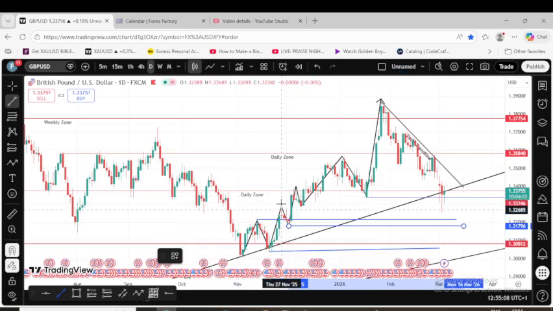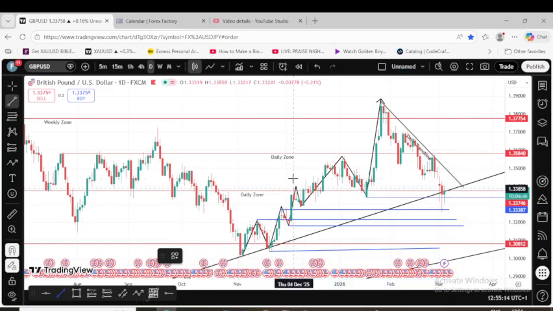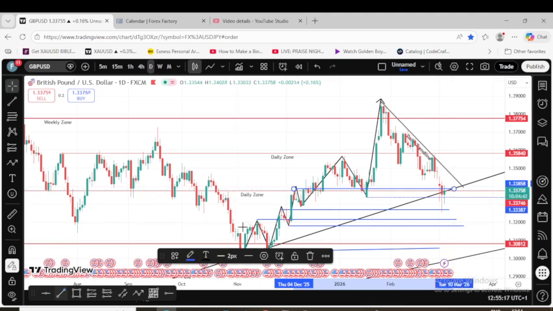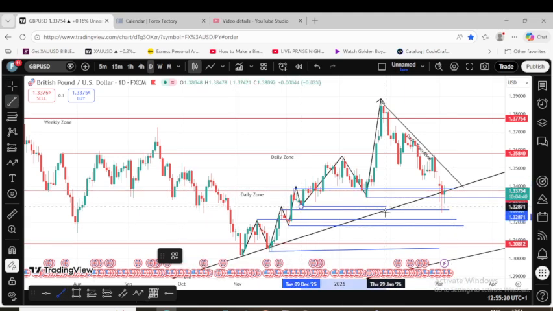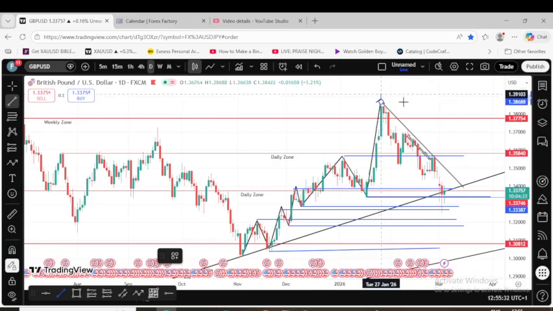This is my higher high. So it'd be better for me to change the colors actually, but for now I'll leave it like this. So this is another higher low. This is another higher high. There's another higher low right here. And the price has refused to break. This is a higher high. This is now another higher high at this peak.